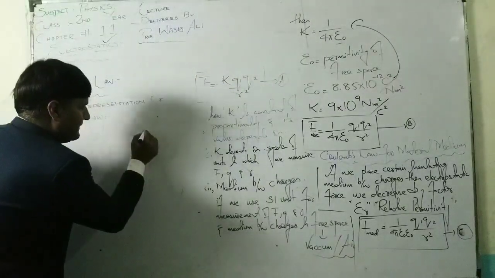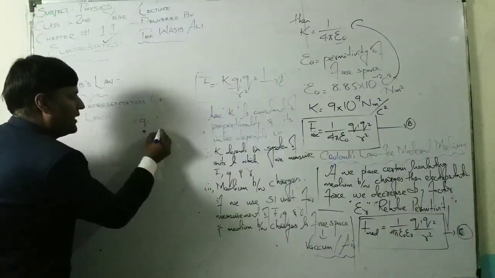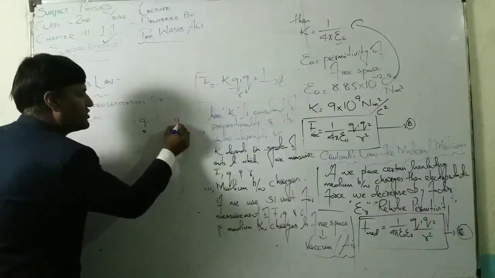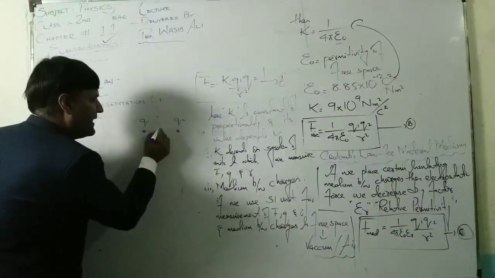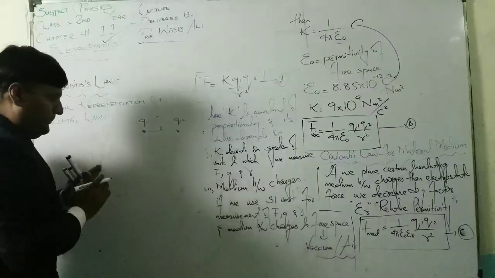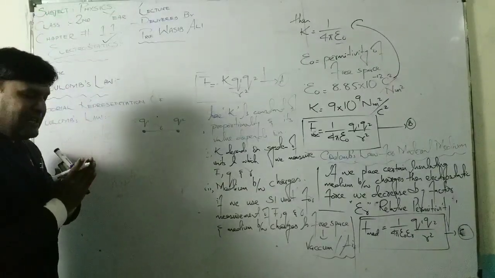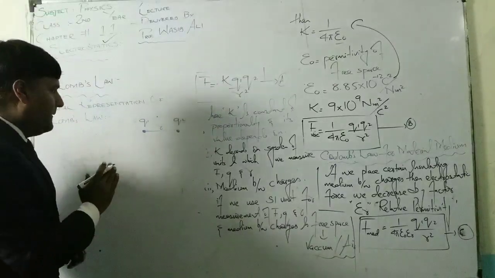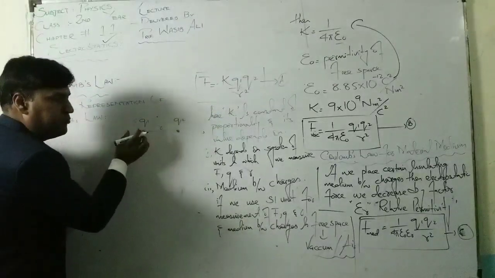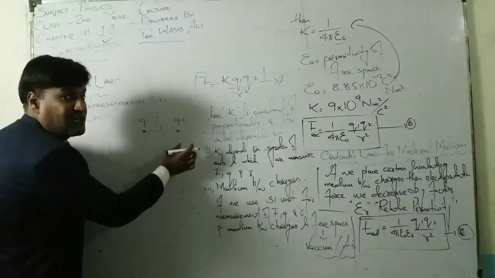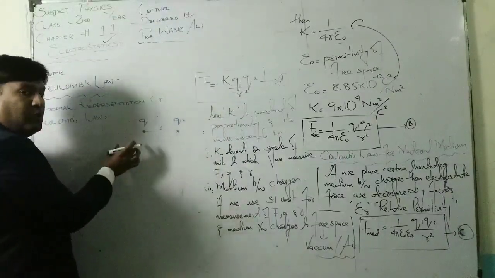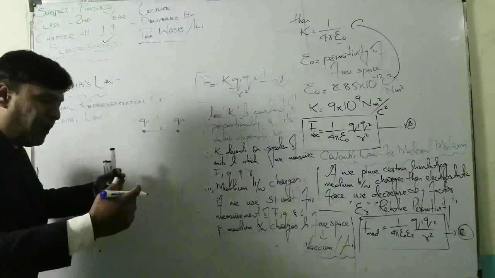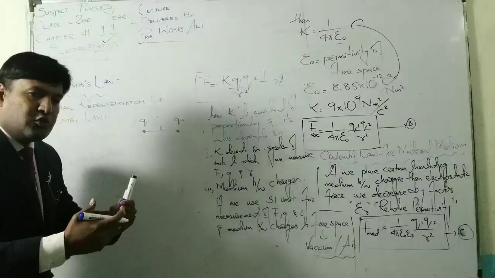Consider the first point charge Q1, the second point charge Q2, and the distance between them is R. Now the point is which charge will exert force on which charge: whether charge 1 exerts force on charge 2 or charge 2 exerts force on charge 1. Actually both exert force on each other.